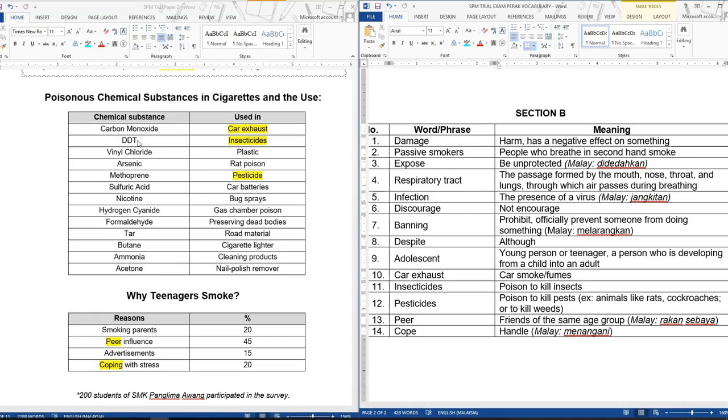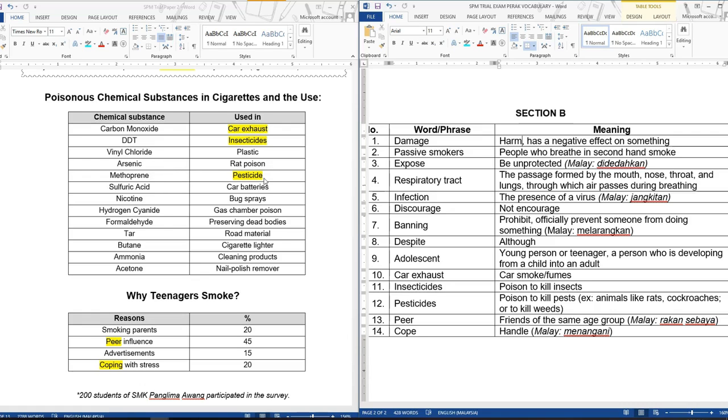Next one is DDT. DDT is found in insecticides. Insecticides, if you see here in the list, they are poison to kill insects. The next word is vinyl chloride. Vinyl chloride is also found in plastic. Arsenic is found in rat poison.